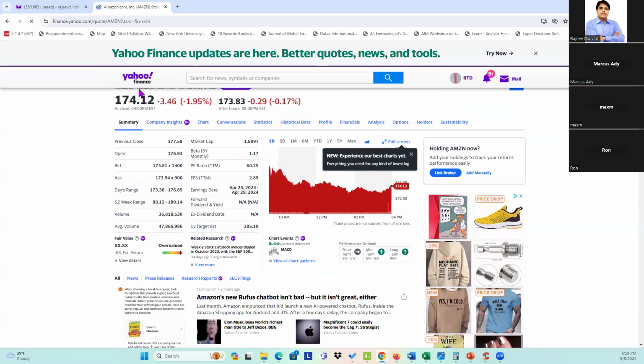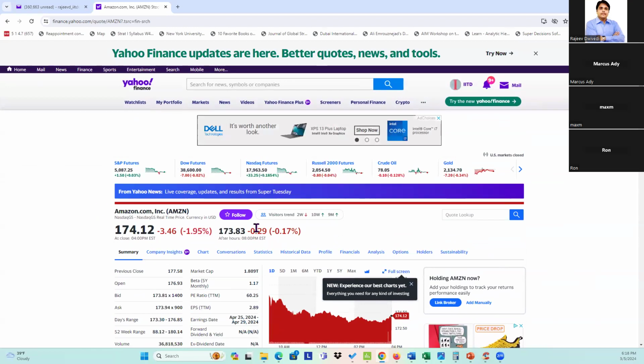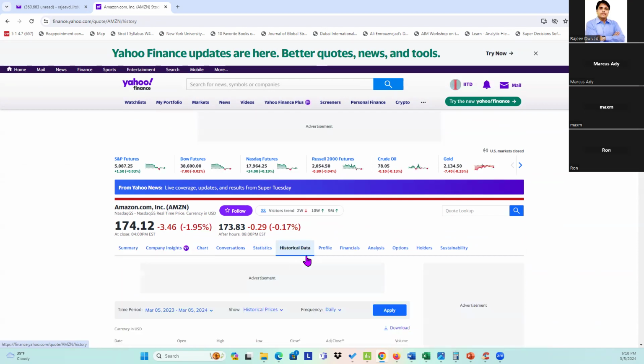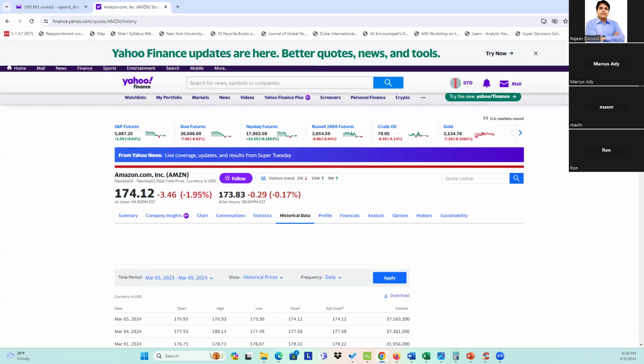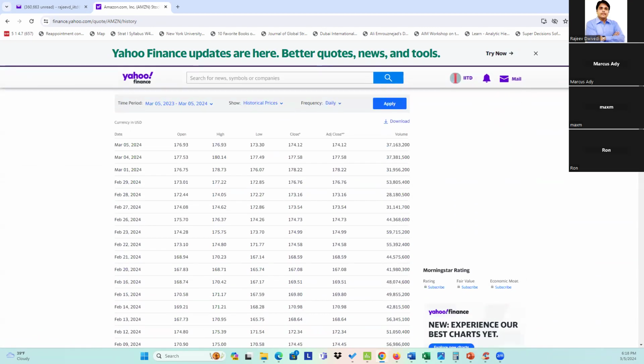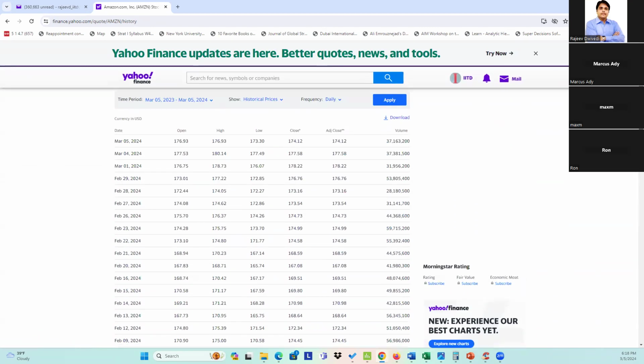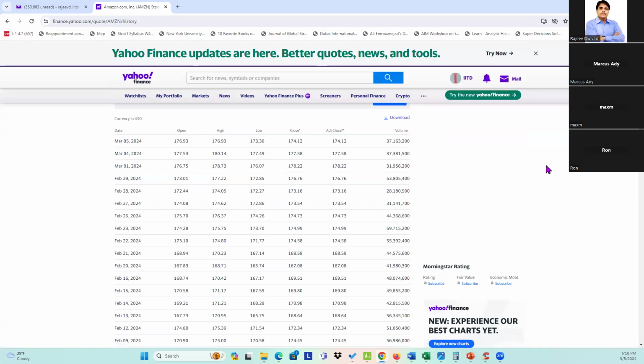And this is my today's, here you can see 10 weeks, 9 months. And here you can look into historical data. And can you see? So this is the data, and here is the option to download.